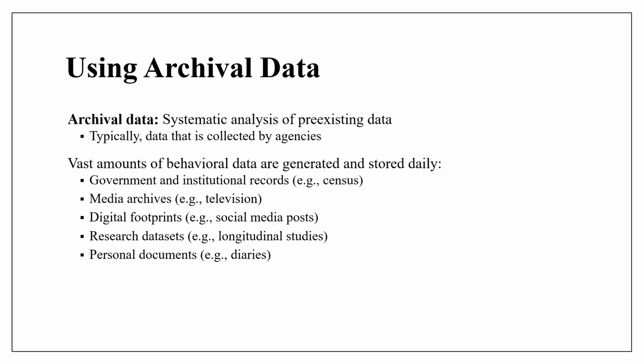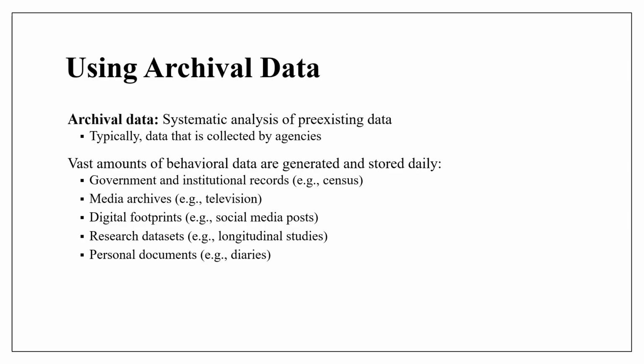But it still has some of the similar procedures that we've talked about before in regards to what is the behavior of interest, how are you going to translate that psychological construct to a variable, to an operational definition, so that we can have observable indicators to look for in the data that already exists.